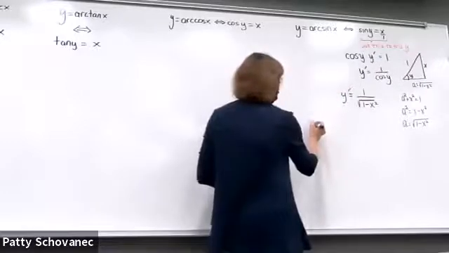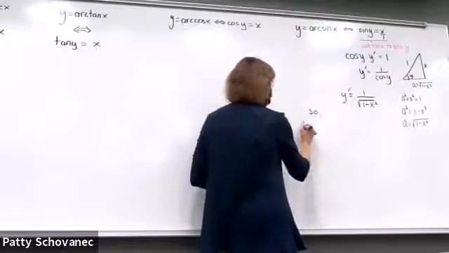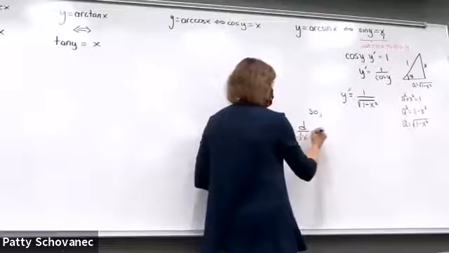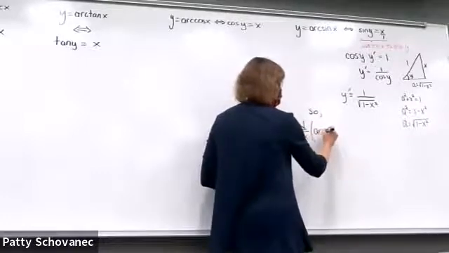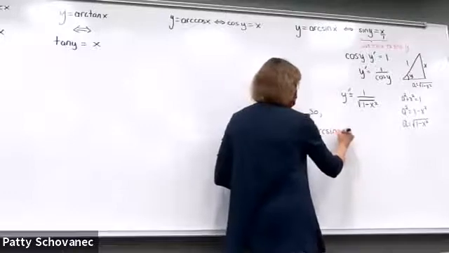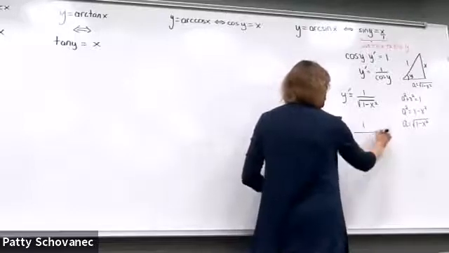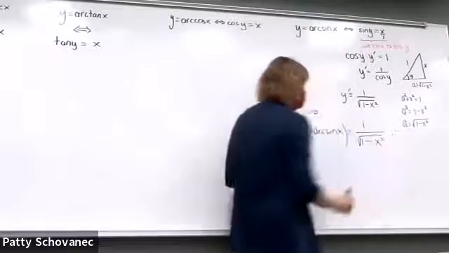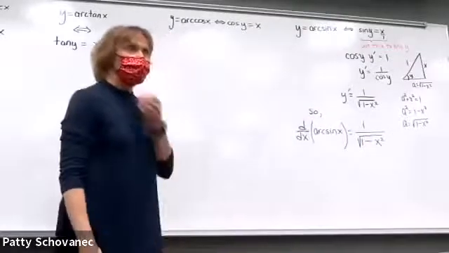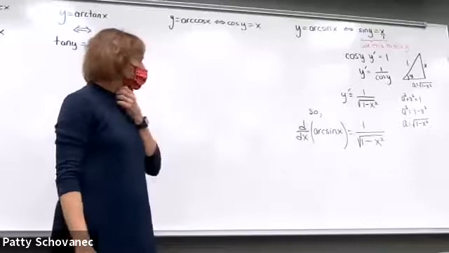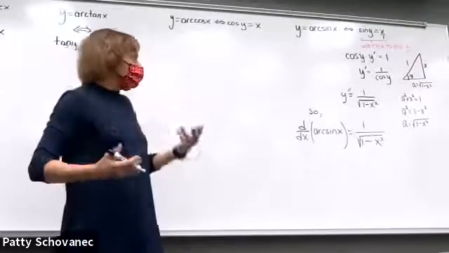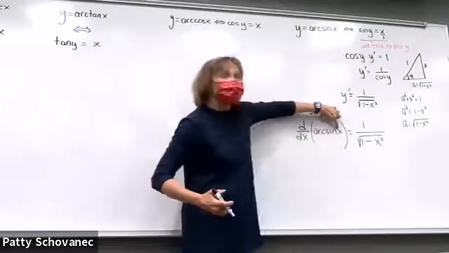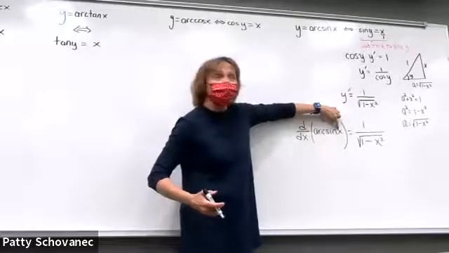So put those two together. The derivative with respect to x of the arcsine of x is equal to 1 over the square root of 1 minus x squared. If I had something here more than just a single x, then we have to apply the chain rule.